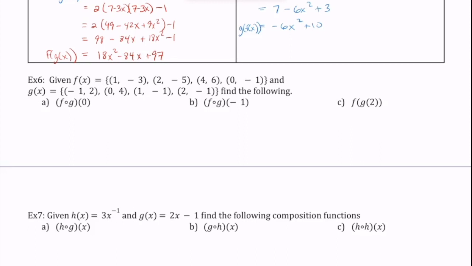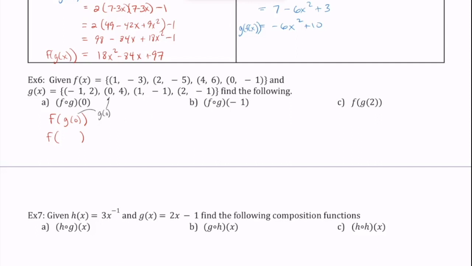All right, so the first one. It says f of g of 0. Okay, so piece by piece. So f and g of 0, so I'm going to pull this to the side for a second. What is g of 0? I'm going to go to my function g.